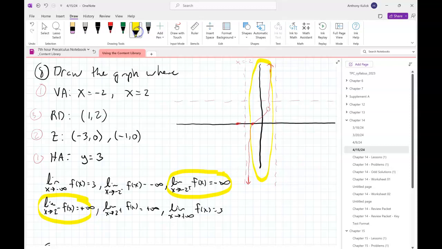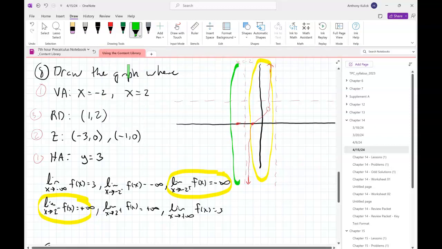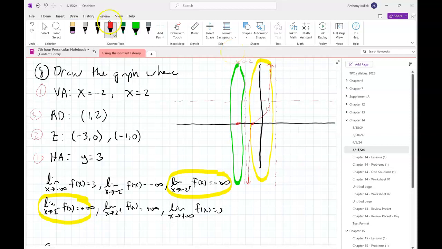Okay. The next thing I want is to draw what's happening over here. So that's going to be the left side of -2. Well, my end behavior says it's pointing down. Should be an equal sign there.